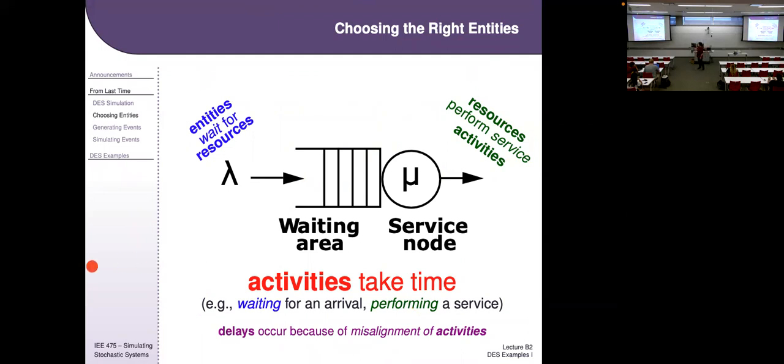Once you put it in this framework, it should be easy to find the entities, the resources, the activities, and the delays. Because if you can put it into this queuing node, the thing that sits as a server is the resource, the thing that's waiting in the queue is the entity, the time waiting in the queue is a delay, and the time the server takes to process each entity is the activity. So if you can put it in this framework, you can find those things.